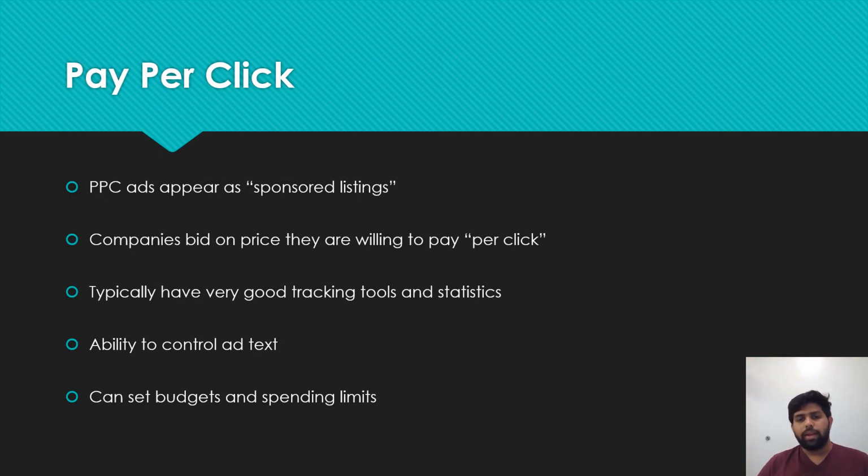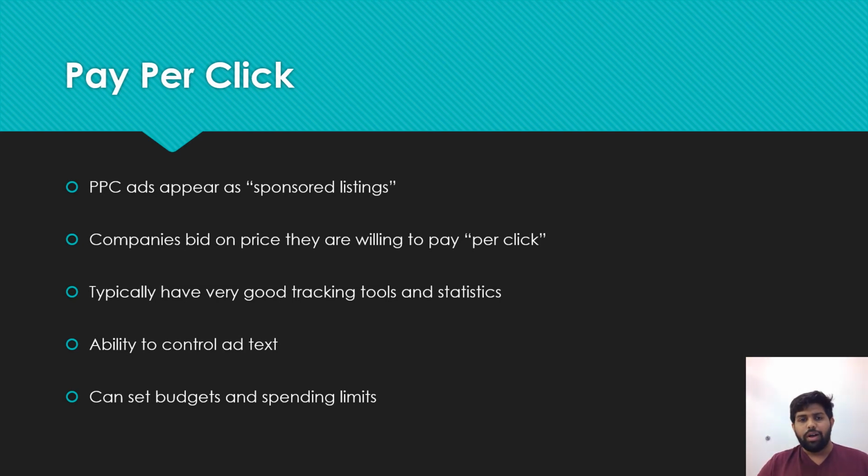Pay-per-click is a technique or method which was introduced later, after search engine optimization, of course, but it got to play a very vital role in selling products online on the web. So pay-per-clicks or ads appear as sponsored listings.